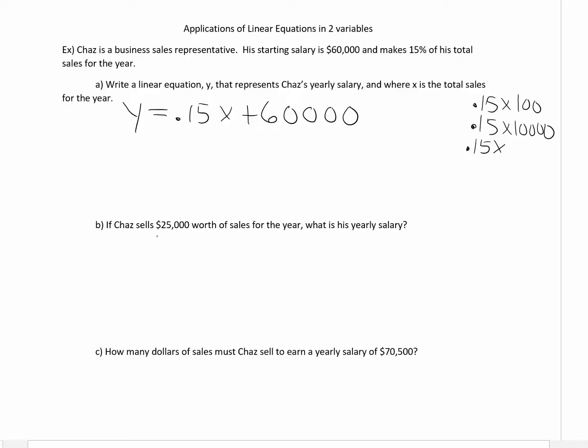Okay, part B. If he sells $25,000 worth of sales for the year, what is his yearly salary? Well, I'm going to replace x with 25,000.